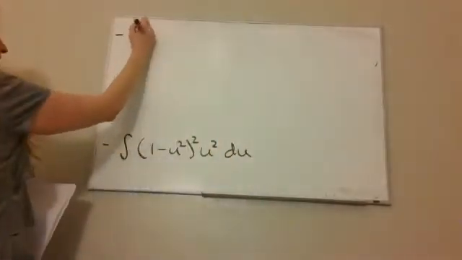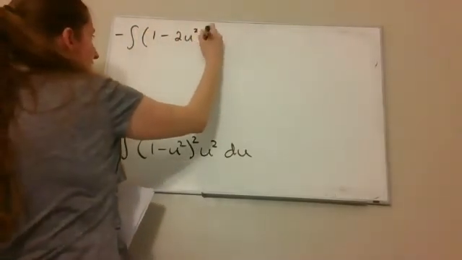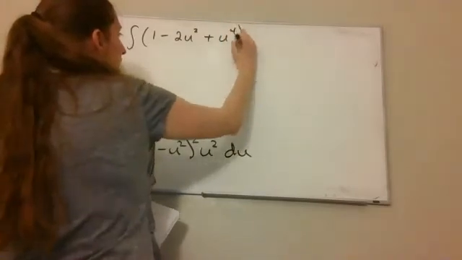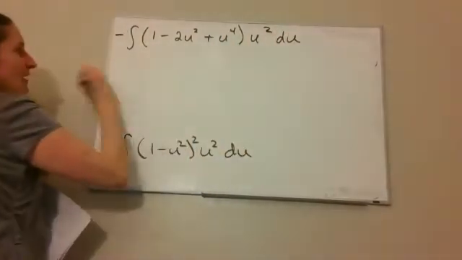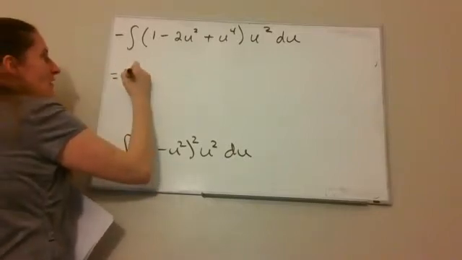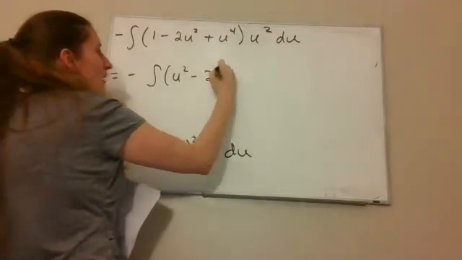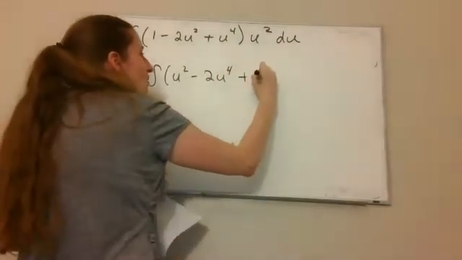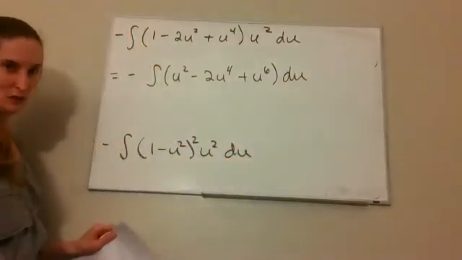We get a negative integral of 1 minus 2u squared plus u to the fourth times a u squared du. And now distribute that u squared to get negative integral of u squared minus 2u to the fourth plus u to the sixth du. And now we're ready to use our power rule.